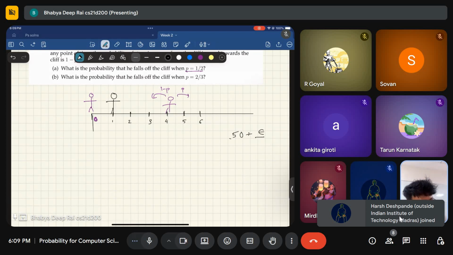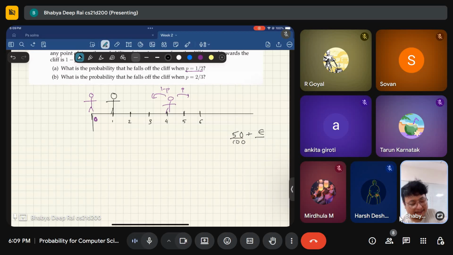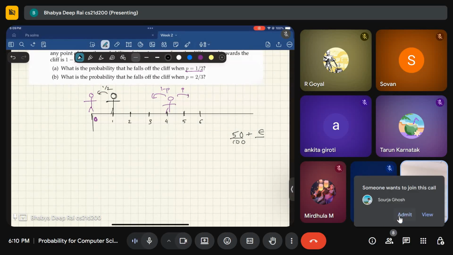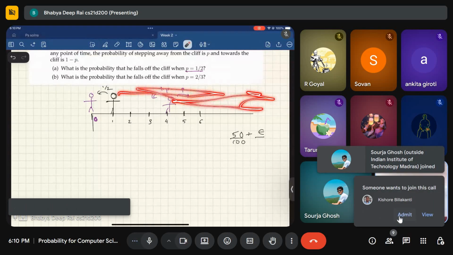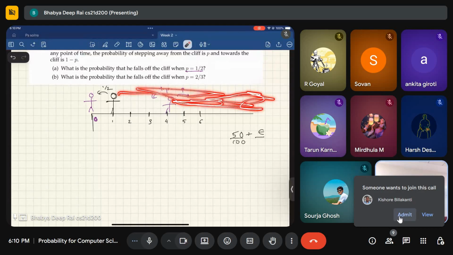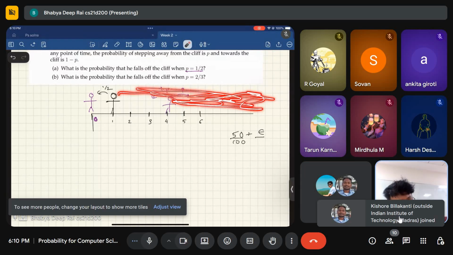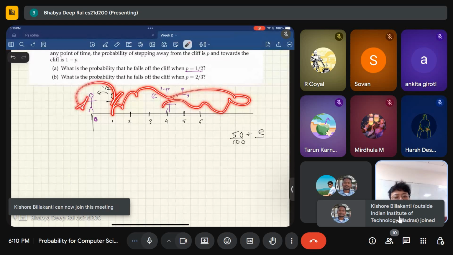Why? Because anyhow, Ramu at any point moving left or right has half probability. So if he moves with probability half to the left, then definitely he's going to fall off. But there is still a small probability that he moves to the right, and then moves left and right, and then finally lands up here, and then takes a left and falls off.